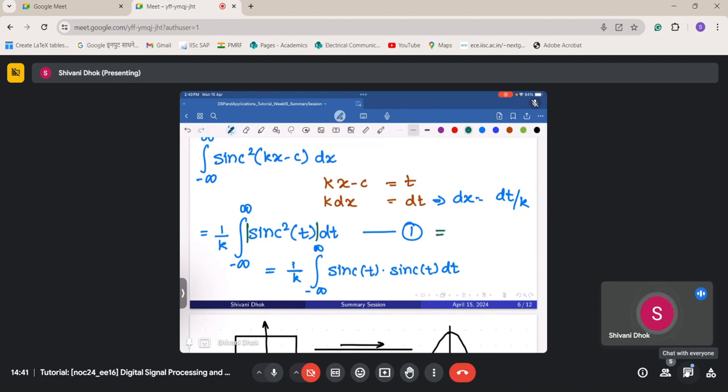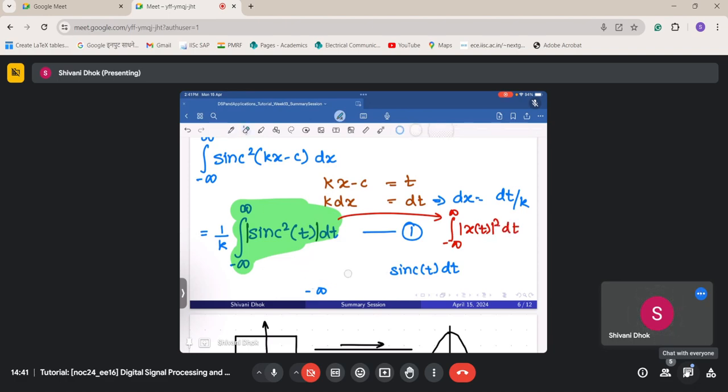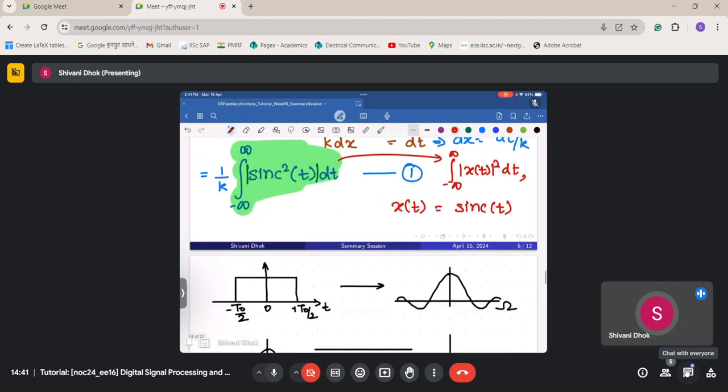So this integral here is like the integral from minus infinity to infinity of magnitude of x of t square dt, where x of t is sinc of t. Okay, so this is what I'm having currently.